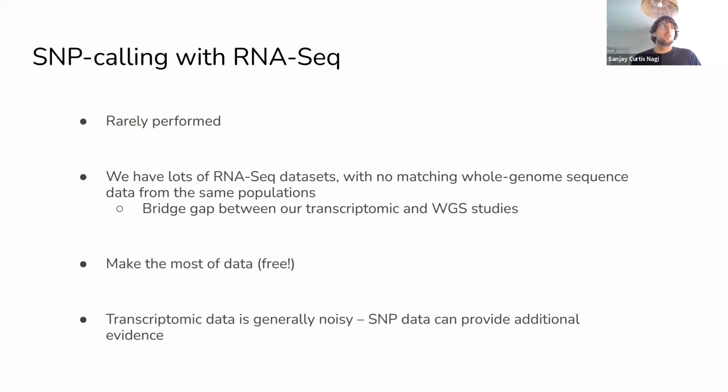Identifying which of those 1,000 genes might be important is still really difficult, even after performing a transcriptomic study. So if we can integrate some SNP data, that can provide additional evidence into whether a gene might be involved in resistance, and that could also be really useful.